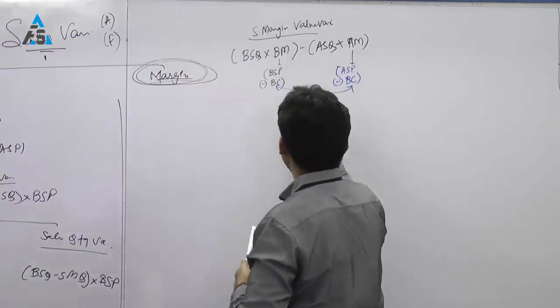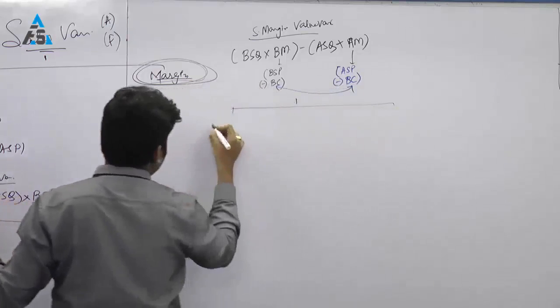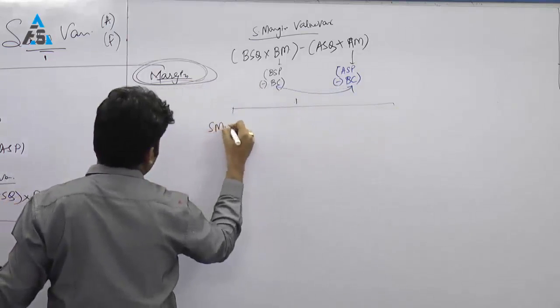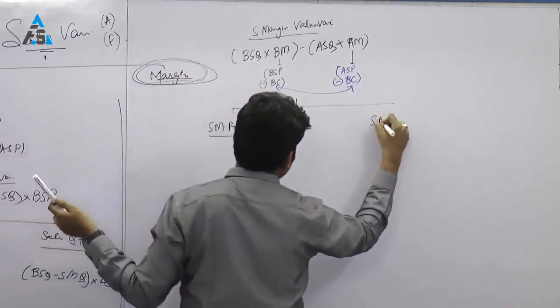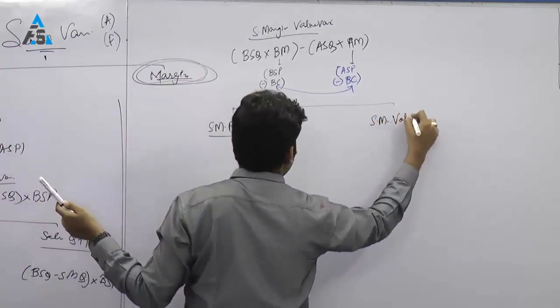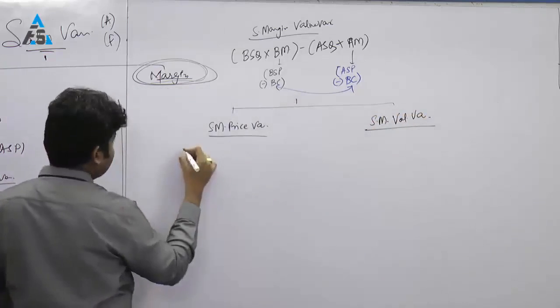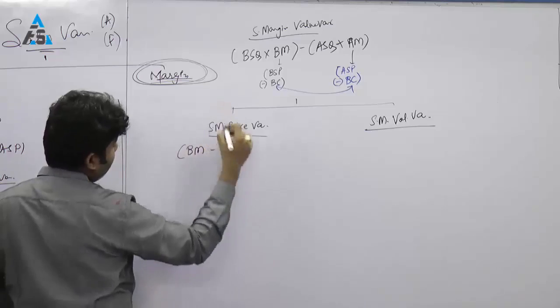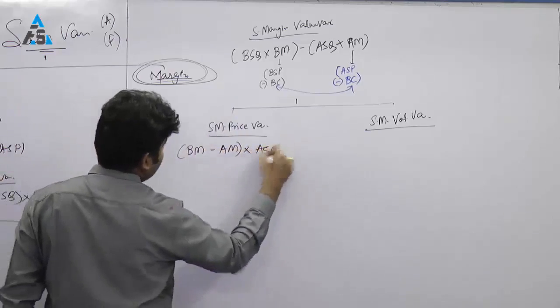Are we clear? This is further subdivided into sales margin price variance and sales margin volume variance. What is sales margin price variance? It is budgeted margin minus actual margin into actual sales quantity.